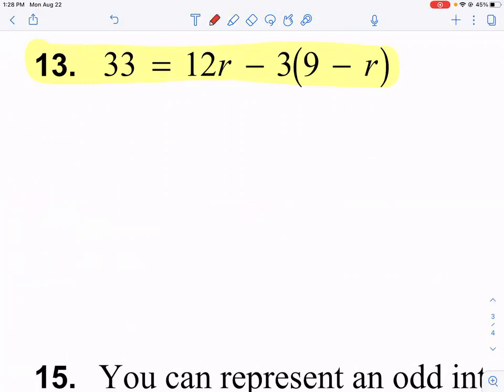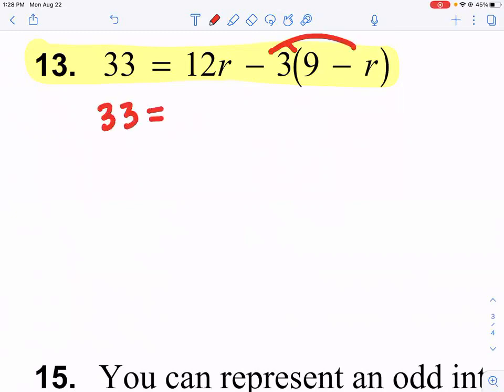Okay. We are going to work on number 13. Lucky number 13. Okay, so our step were to take care of parentheses, distribute if we need to. Be very, very careful when we distribute. That is a -3.